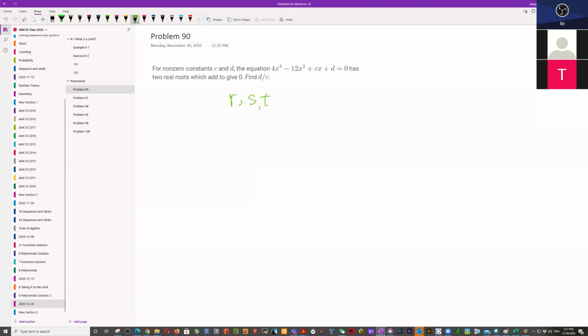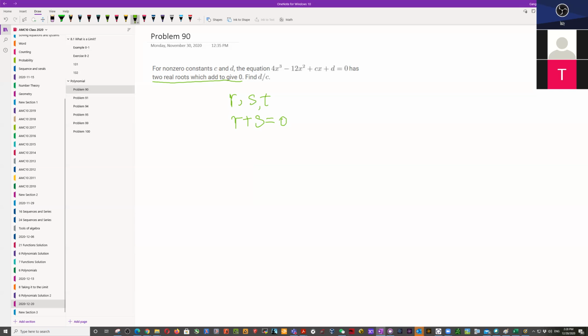That's always true. And basically, 2 of the real roots add to 0. So basically you can say that R plus S equals 0. And that's always true, because it's a given condition.